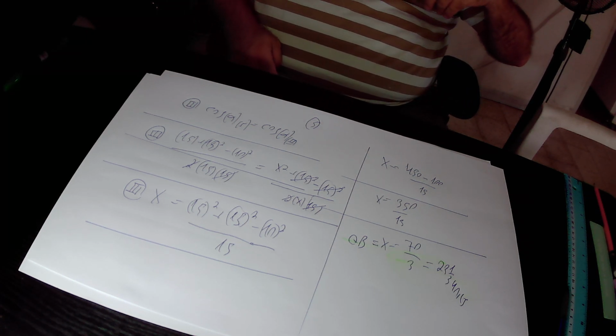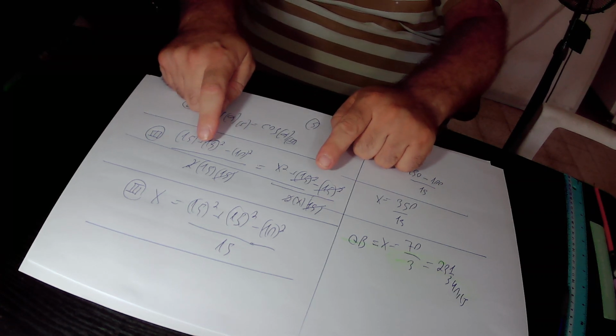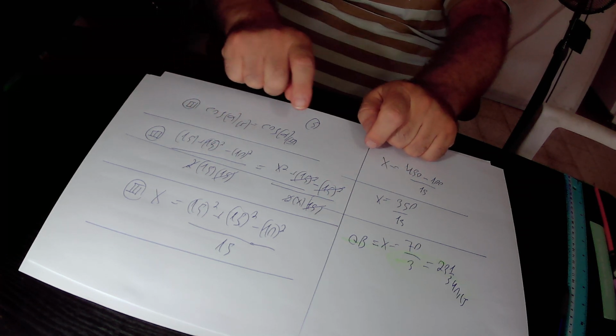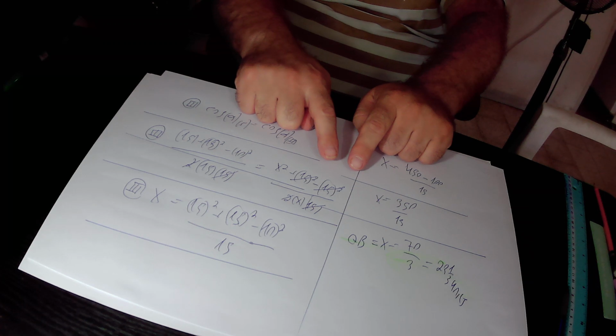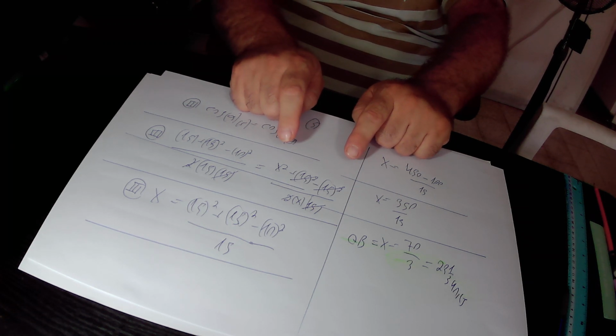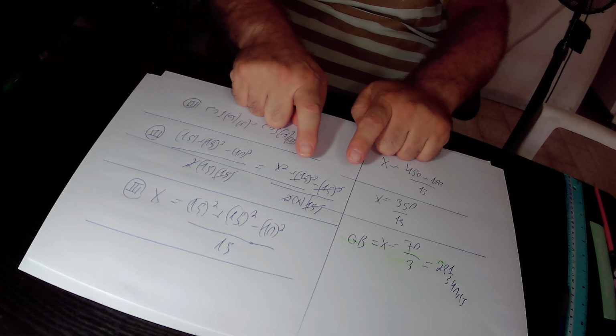In the denominator of those two expressions, we have 2 times 15, so it gets cancelled. Here we have 15 squared minus 15 squared, that is 0. So on this side of the equation we are left only with x squared over x, which is x.